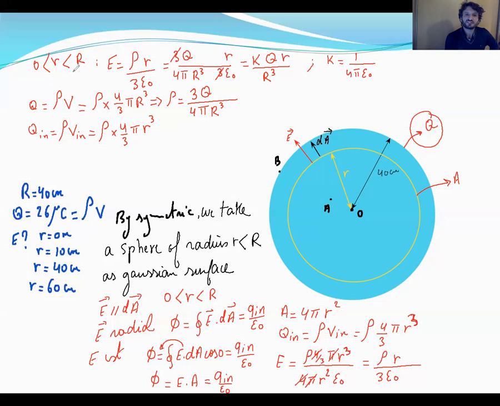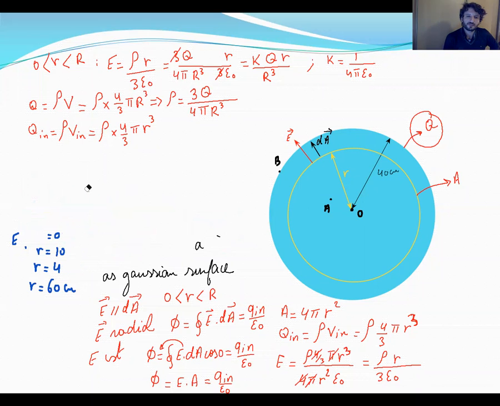Okay, now this is the general formula of E in the case of r less than capital R. It can be between 0 and R, okay?